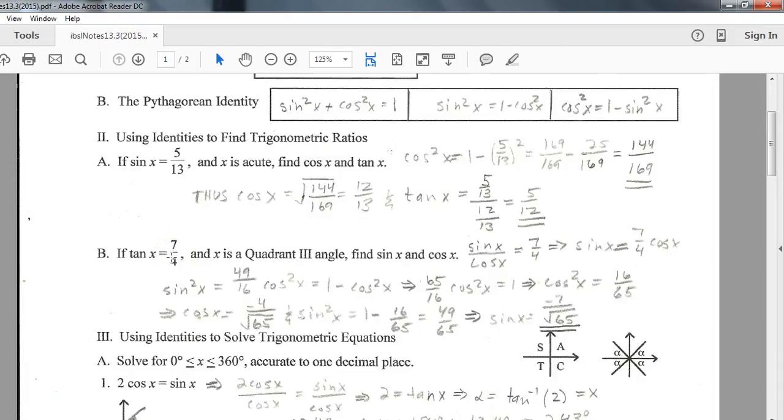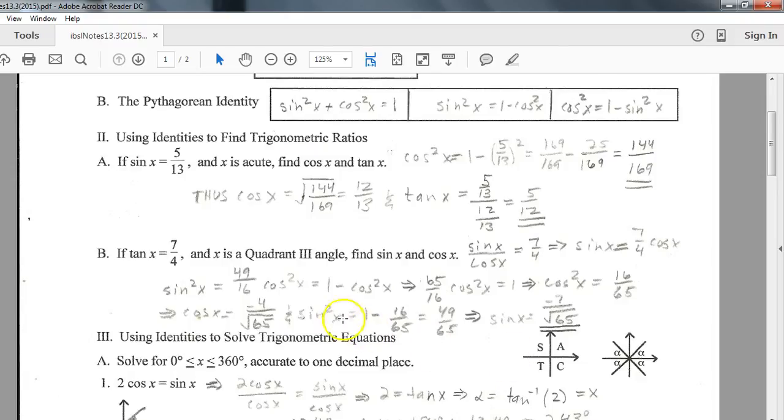They're also positive in quadrant 1, and so they needed to tell you which quadrant we're working in here when we go to get our other answers. So we know this is all coming from quadrant 3. Based on your little acronym that we have here, we know that in quadrant 3, only the tangents are positive, so my other two values should be negative. So my cosine should be negative, my sine should be negative.